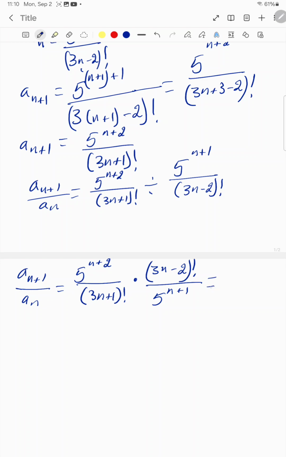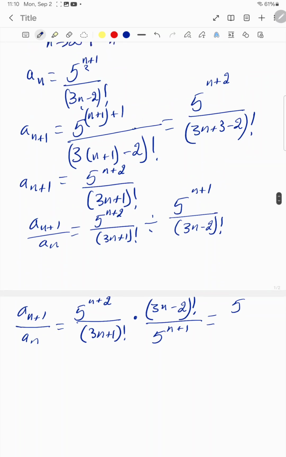So that would equal here 5, because 5 to the power n plus 2 is 5 to the power n multiplied by 5 to the power of 2, and here the division, 5 to the power n multiplied by 5 to the power of 1. So I would have 5 in the numerator, and in the denominator I would have (3n plus 1) multiplied by 3n multiplied by (3n minus 1).